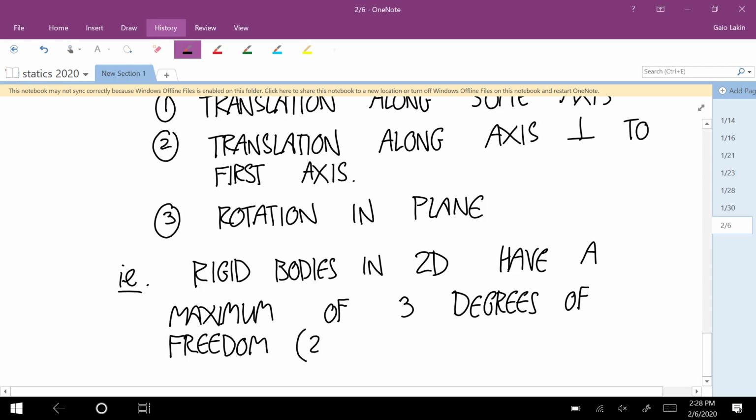Two are translational and one is rotational. Are we talking two-dimensional space or a two-dimensional object? Two-dimensional space. 2 translational and 1 rotational.